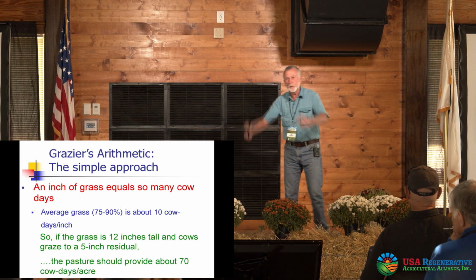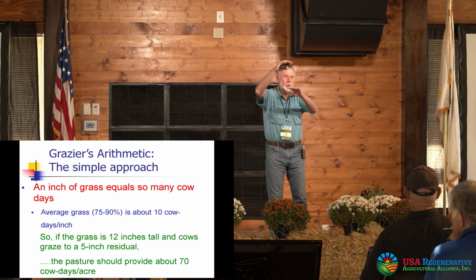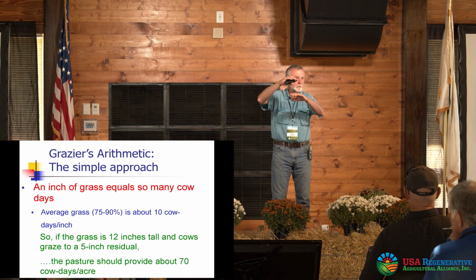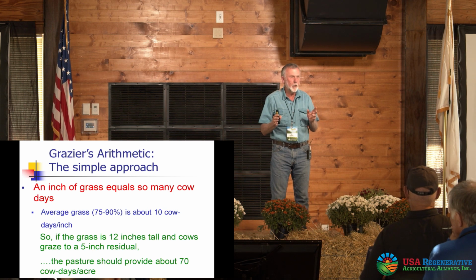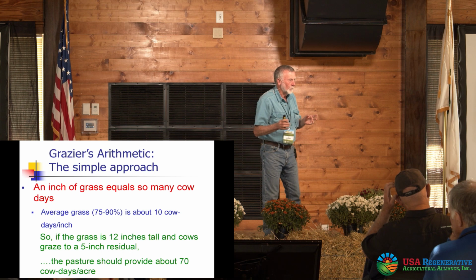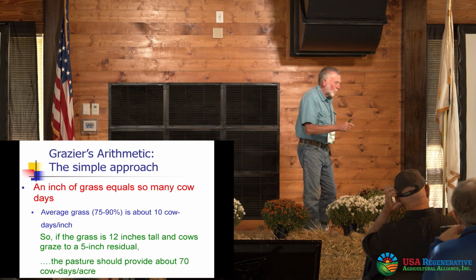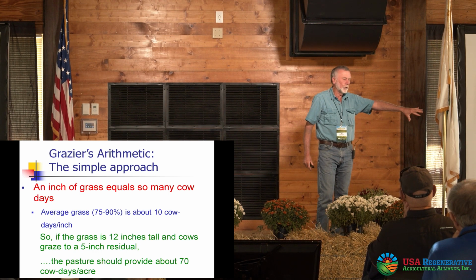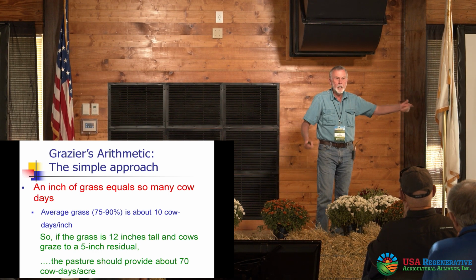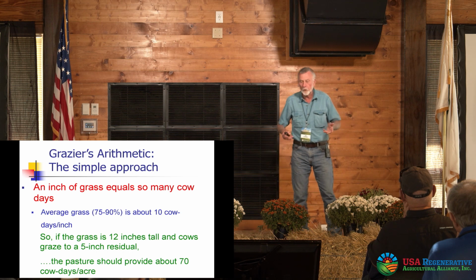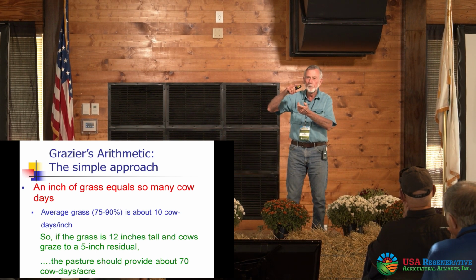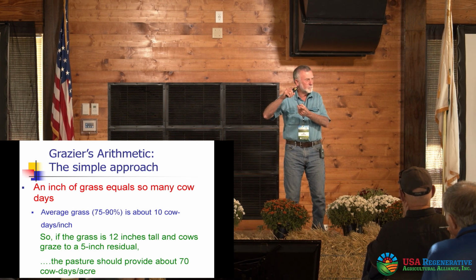So what that means, the cow grazing from 12 inches down to 5 inches, we're going to harvest 70 cow days per acre, which means if we had 70 cows in our herd, we'd fence off 1 acre with our poly wire, put the herd in there for 24 hours. The cows should have eaten enough forage for a moderate level of performance, and we should have left the appropriate residual out there. Does that make sense?